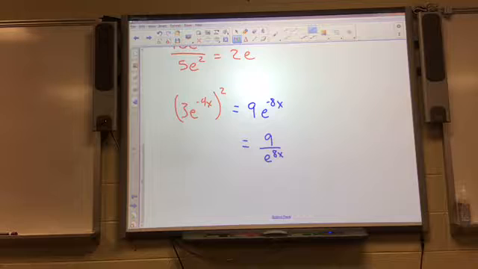Okay. Example 2 says use a calculator to evaluate. Can we all plug in that exponent? Try part B. Make sure you can plug in e to the negative 0.06. You good there? Yes.